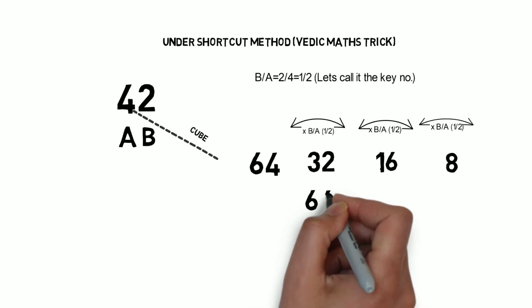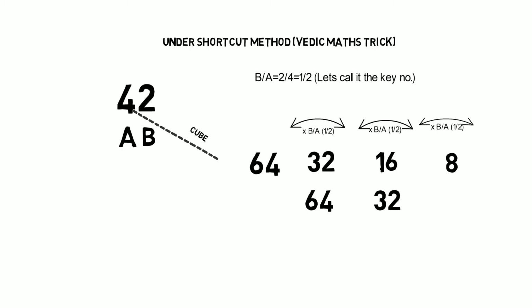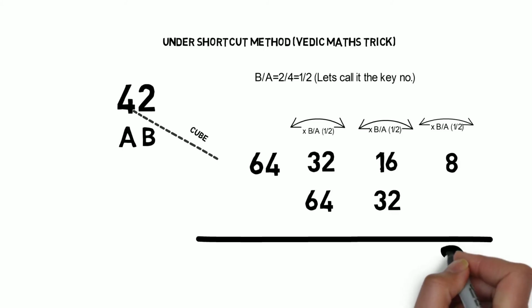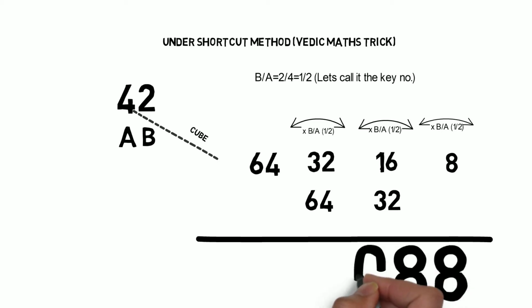In the next step, we multiply the middle two numbers by 2 and write them down. Now we just need to add up the numbers to arrive at the desired result. 8 can be brought down as it is. 16 plus 32 is 48. So we bring down 8 and carry over 4. 32 plus 64 is 96.